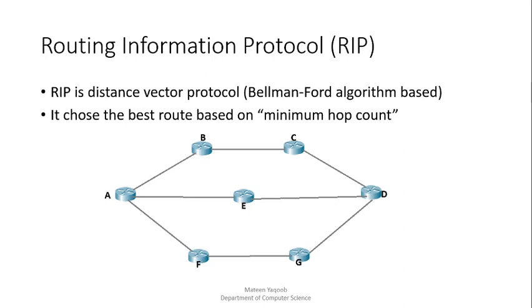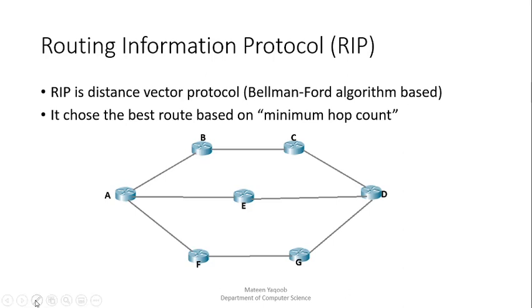In this example you can see some routers have been configured, around 7 routers. If the source is A and your destination is D, then there are 3 paths available.